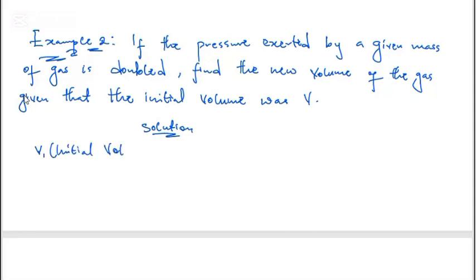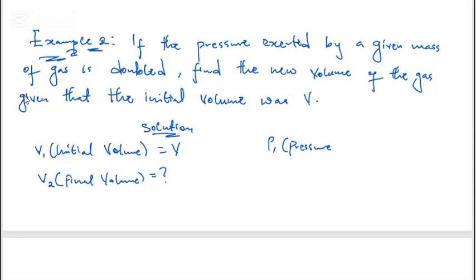We are told that our initial volume was V. Then our final volume is what we are looking for. Final volume is unknown, so let's put a question mark there. They did not give us our initial pressure, but they said the final pressure was double the initial.